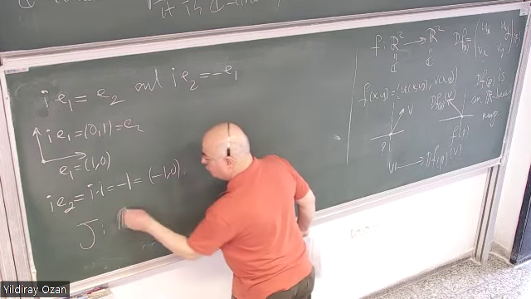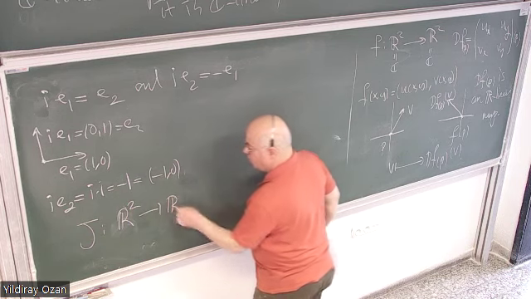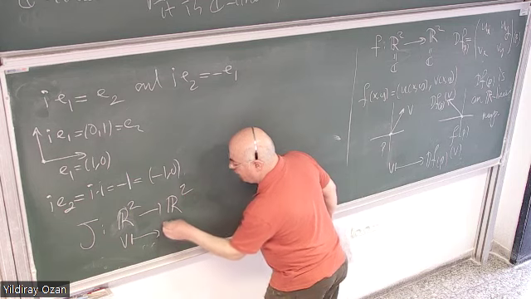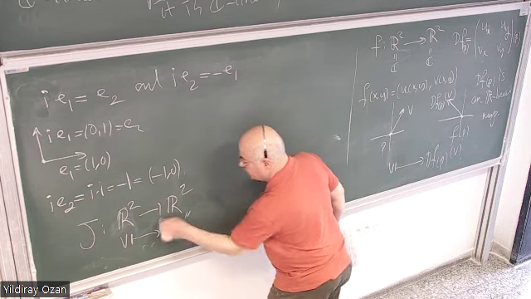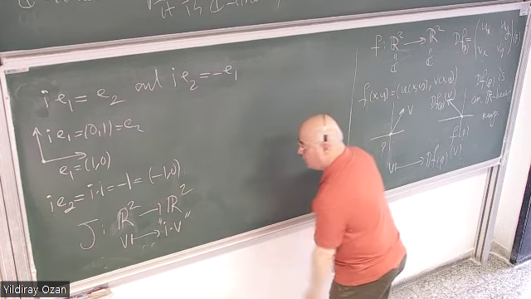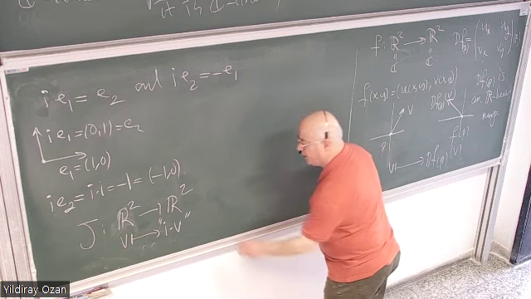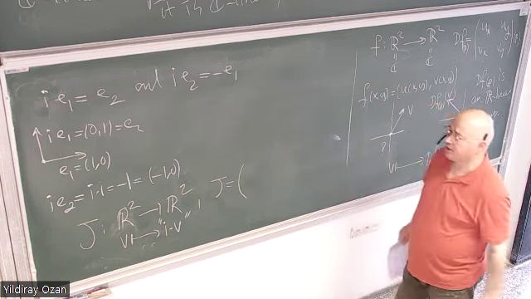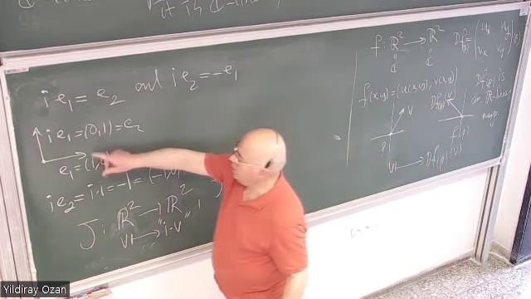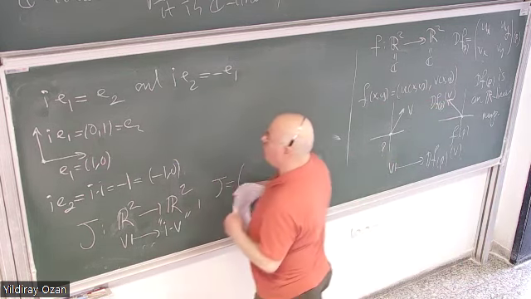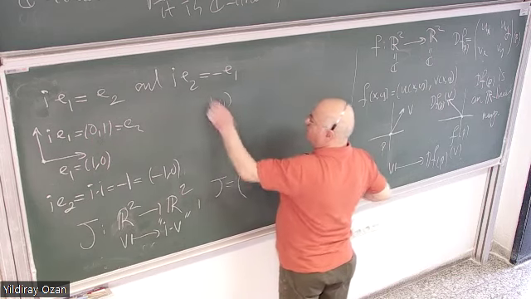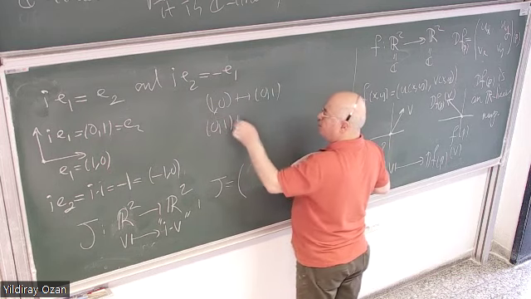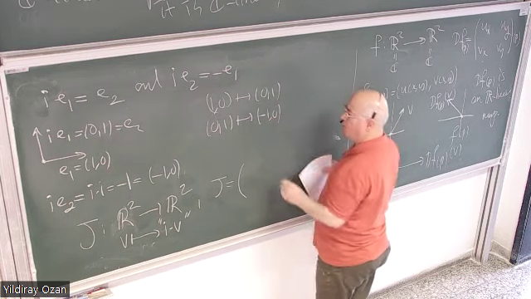So from R^2 to R^2, you take a vector and multiply it by i. So this is complex multiplication. This J is given via which matrix? It sends (1, 0) to (0, 1), and (0, 1) to (-1, 0).